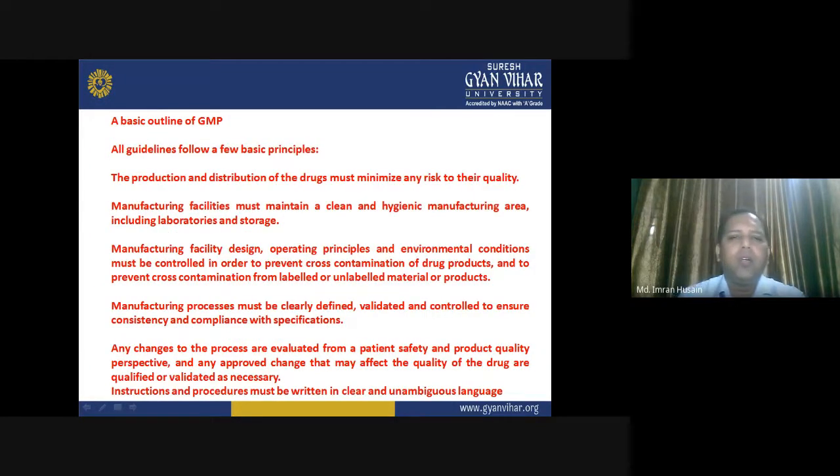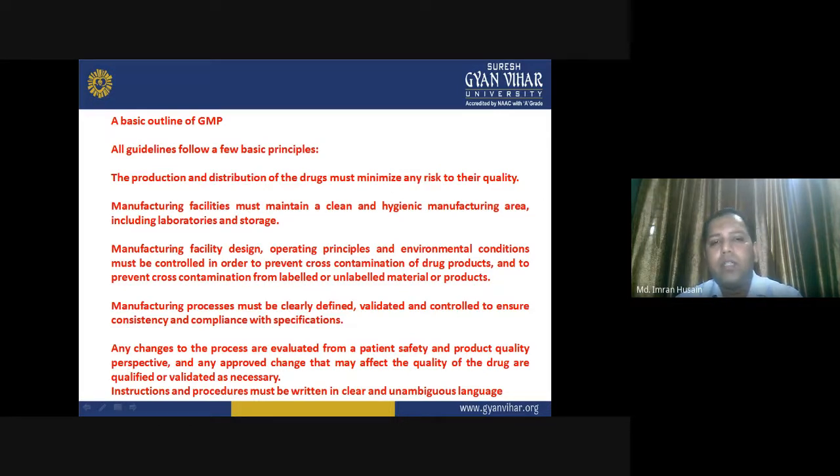A basic outline of GMP. All guidelines follow a few basic principles. The production and distribution of the drug must minimize any risk to its quality, right? What are the basic principles and guidelines of GMP? Manufacturing facilities must maintain a clean and hygienic manufacturing area, including laboratories and storage facilities.